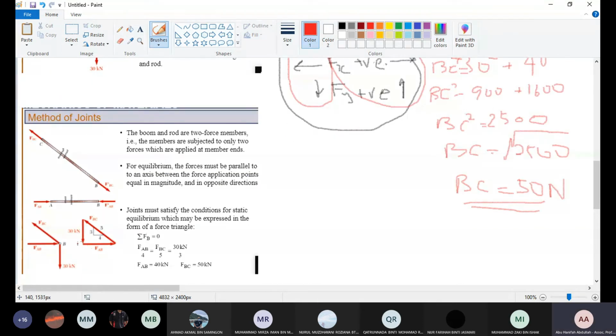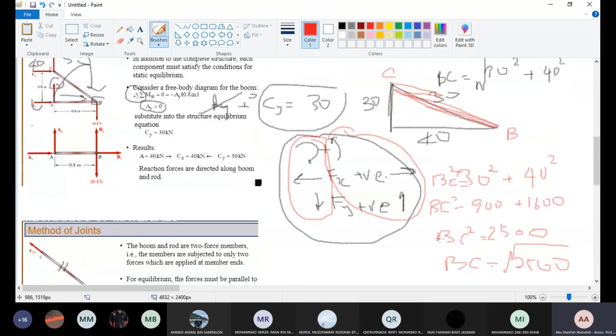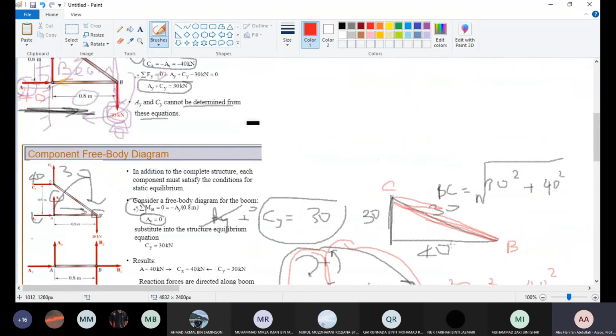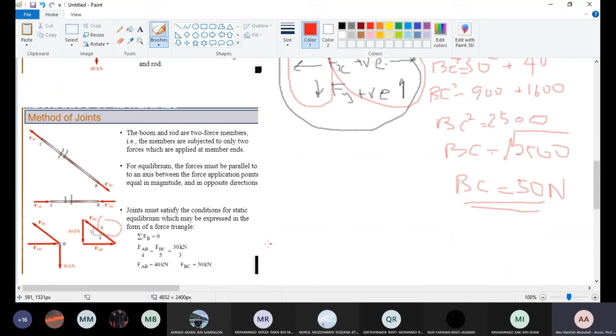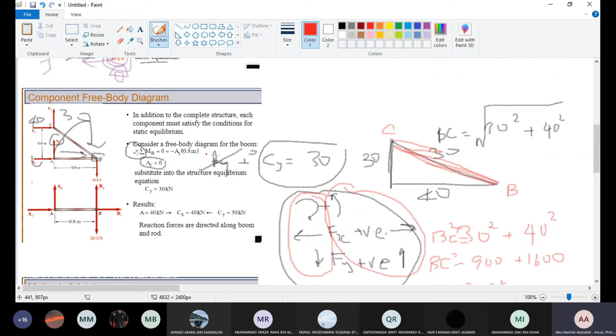So BC here is 50. Or you can make a simple ratio rule, is also okay. But however, I show this for you who are not really able to see directly. I show you step by step how to get the value of BC from the value of 30.